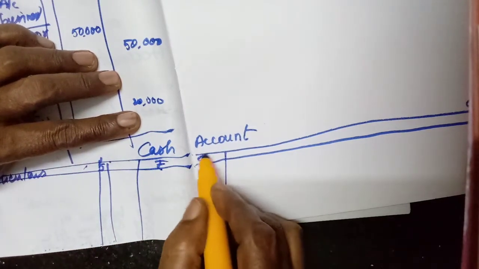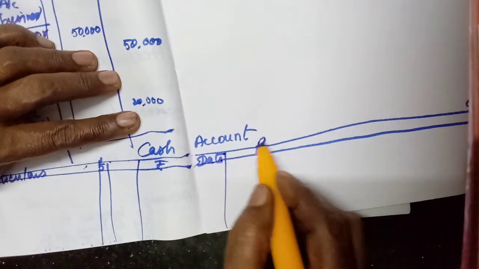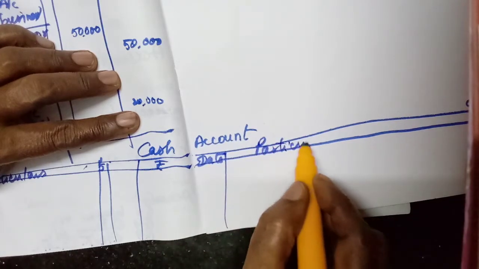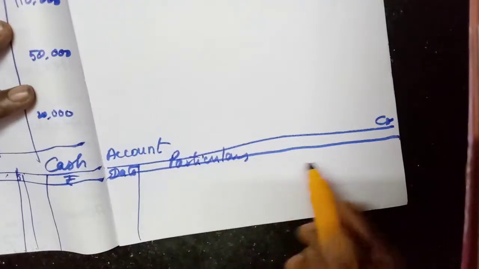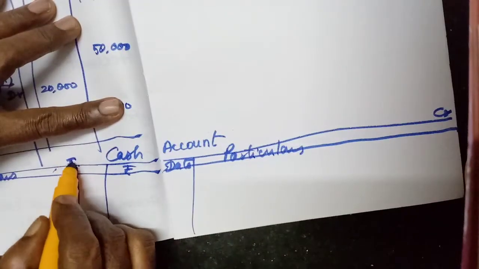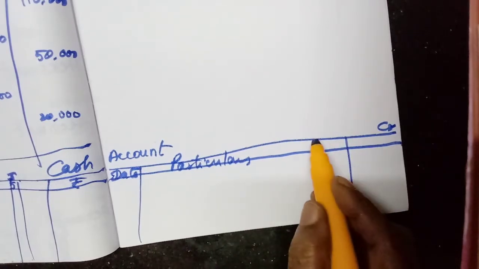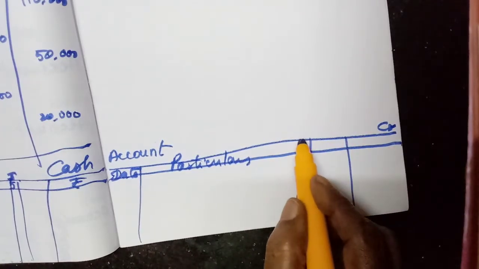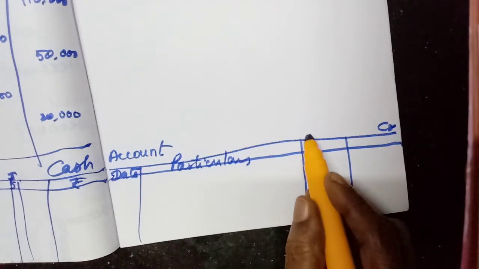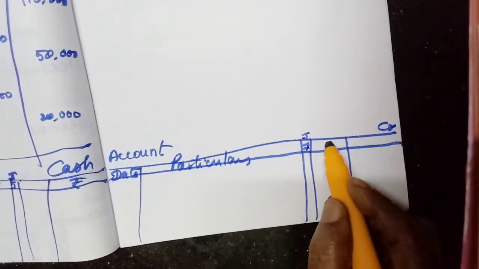Again here date, particulars, sorry here JF. Okay, ledger account JF we have to write. This amount column I am writing little bigger, but you will have both the column same column. Okay, JF here rupees.